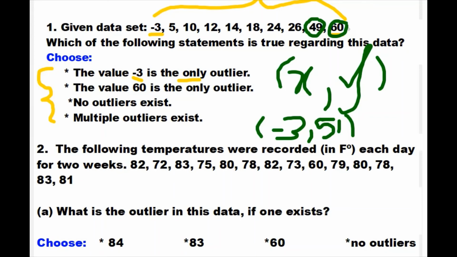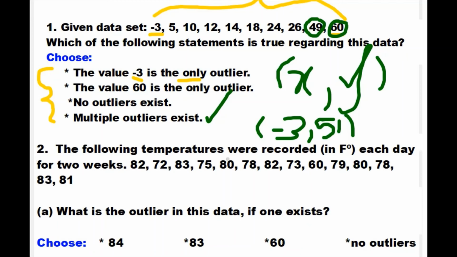In this case, 60 would be our only outlier. So it's very difficult when you just have to look at a sequence and determine the outlier. That is why that formula exists. But in this case, I'd go with multiple outliers exist, so our fourth option. Then we move on to our third example.